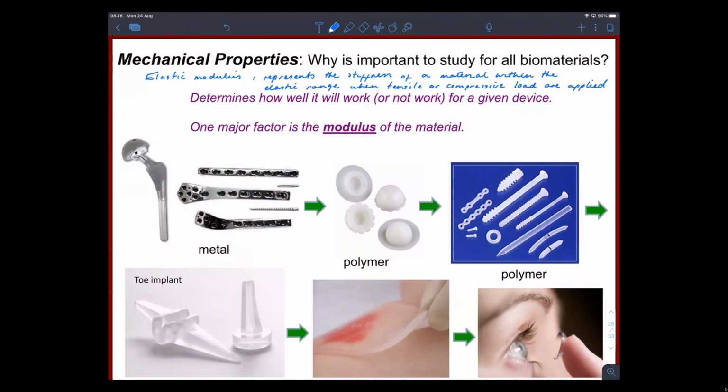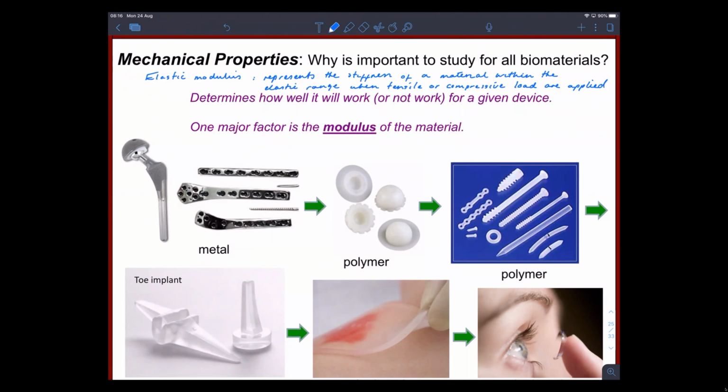The elastic modulus represents the stiffness of a material within the elastic range when tensile or compressive load applies. So the mechanical properties are determining how well it will work or not work for a given device. And one major factor is this modulus that we've defined.